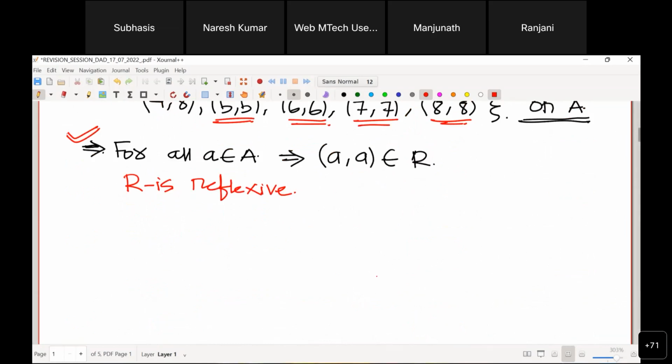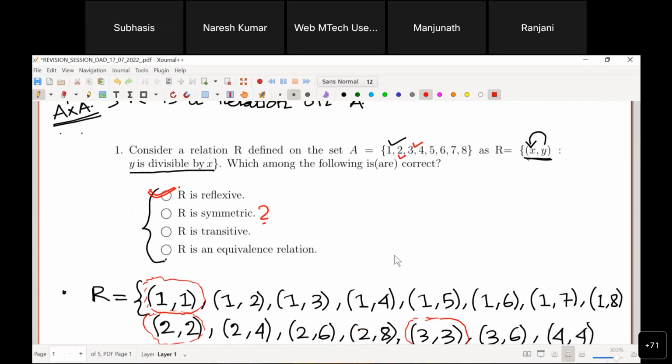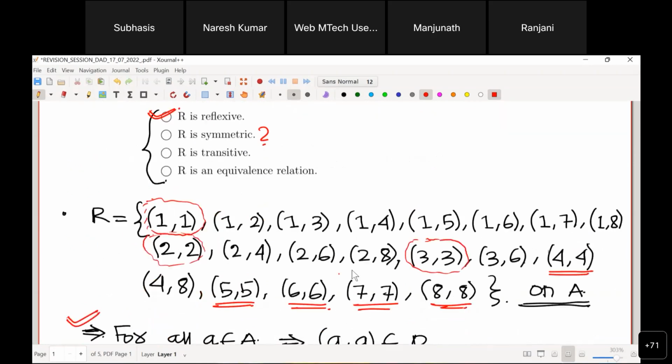Divisibility is not a symmetric condition. That means if y is divisible by x, that doesn't imply that x is divisible by y. So hopefully we can guess that most likely this relation is not symmetric, but we have to give a specific example where this condition doesn't hold.